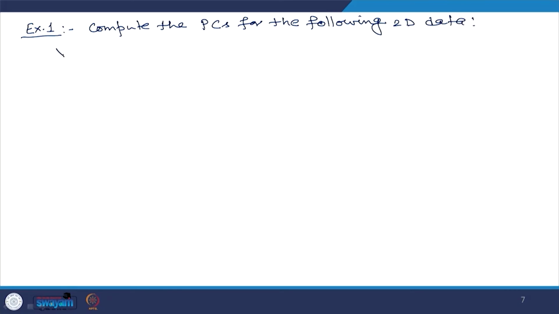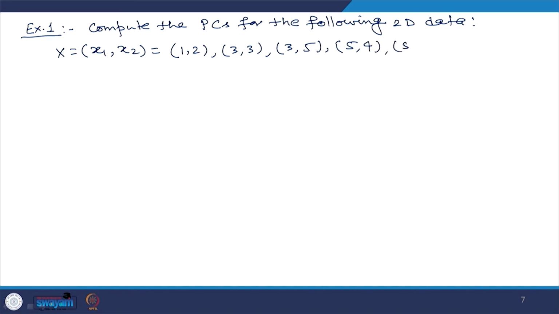So data is x equals x1, x2, and these are points given by 1 2, 3 3, 3 5, 5 4, 5 6, 6 5, 8 7, and then 9 8.